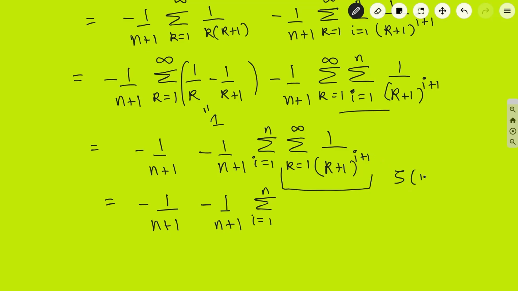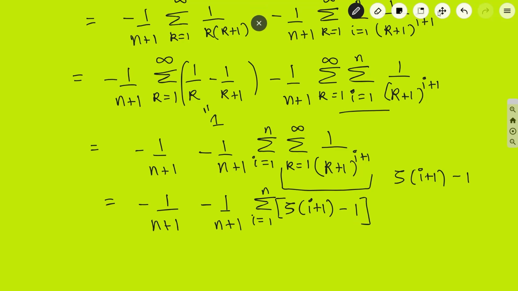It's zeta of i plus 1, but because this is starting from 2, this is 1 by 2 to the power i plus 1, plus 1 by 3 to the power i plus 1, 1 by 4 to the power i plus 1, and so on. So 1 is missing, so you actually subtract 1. What you're left with is nothing but the Riemann zeta function of i plus 1 minus 1, right? So that's what you have here.